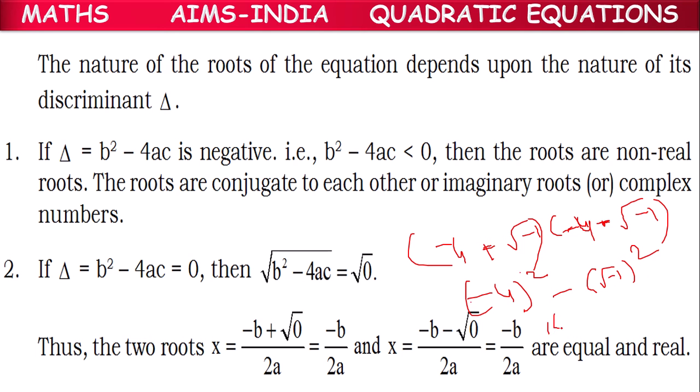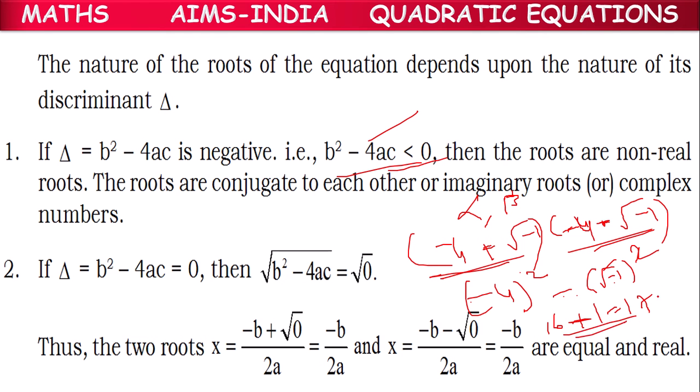Minus 4 whole square means 16, minus root of minus 1 whole square, the square and root cancel, minus 1. Minus 1 into minus, plus 1, 17. So if you multiply both the roots, alpha and beta, when the roots are imaginary, the root will be cancelled. We will get a real number.